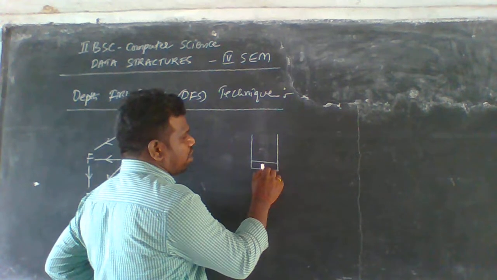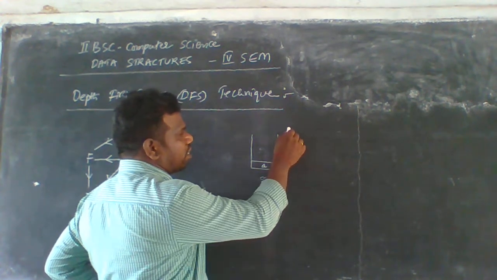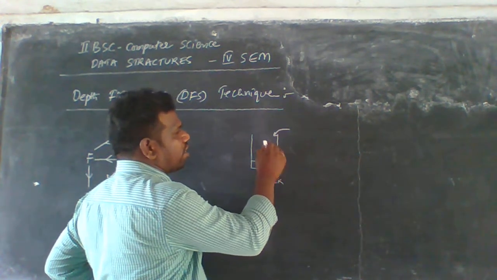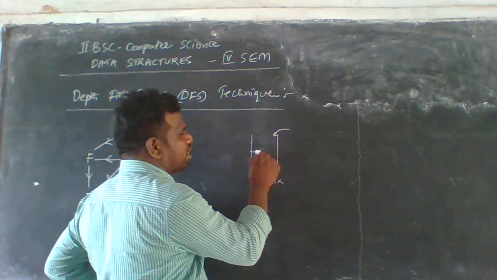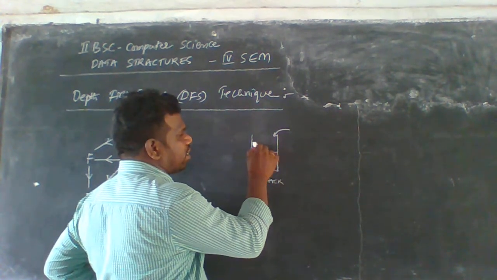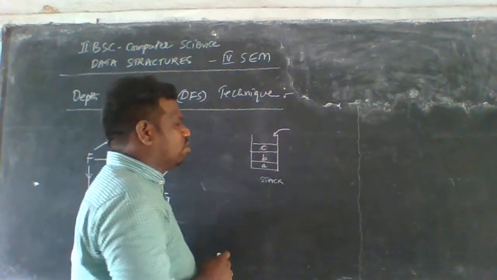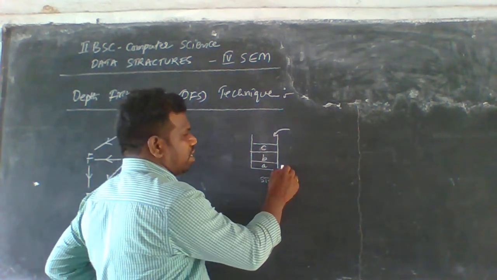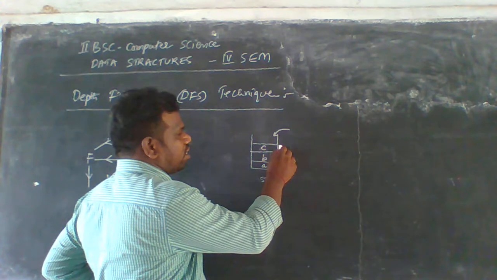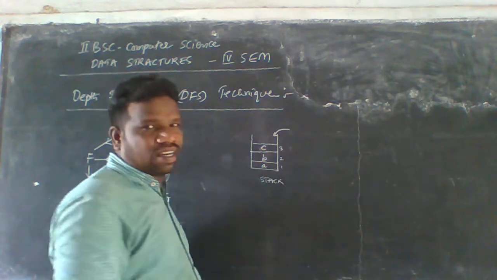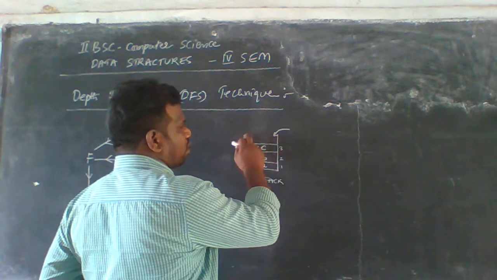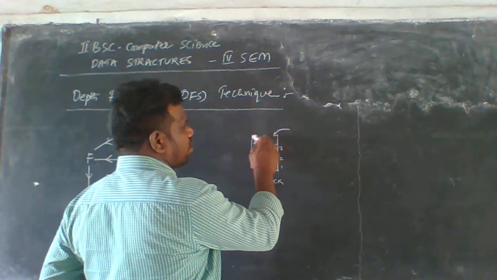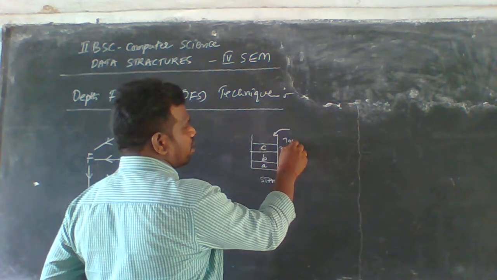For example, I am going to insert the element A here. Then insert the next element, B. Insert the next element, C. So A is the first element, B is the second element, and C is the third element here. Insertions are made at one end, that is called the top end.